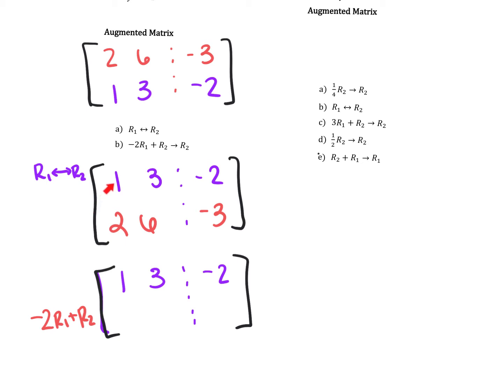So -2 times 1 plus 2 is 0. -2 times 3 is -6, plus 6 is also 0. And then I have -2 times -2, which is +4, and 4 minus 1 is 1.